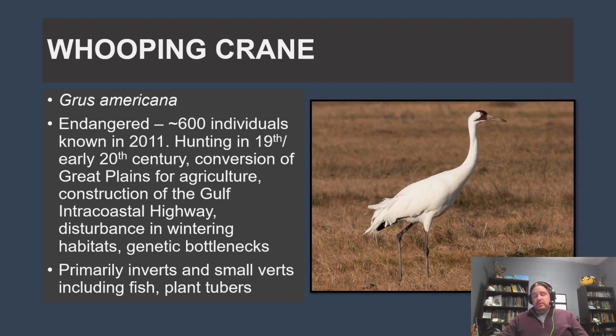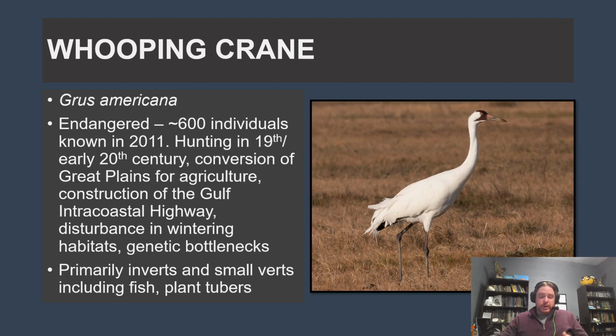A big threat to these guys is genetic bottleneck, and that comes from when they were initially saved, which was in the early 1940s, or at least when they were initially attempted to be saved. There were only about 15 individuals left alive in the 1940s.